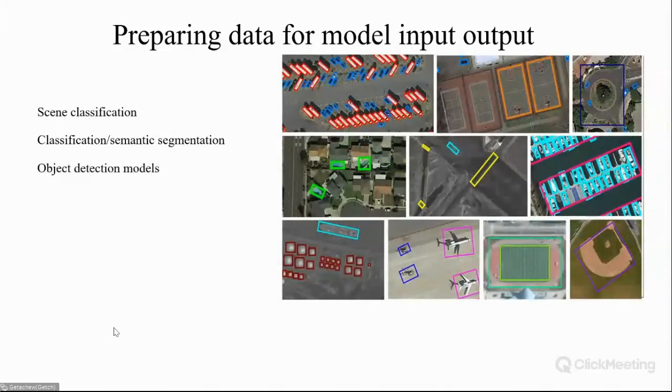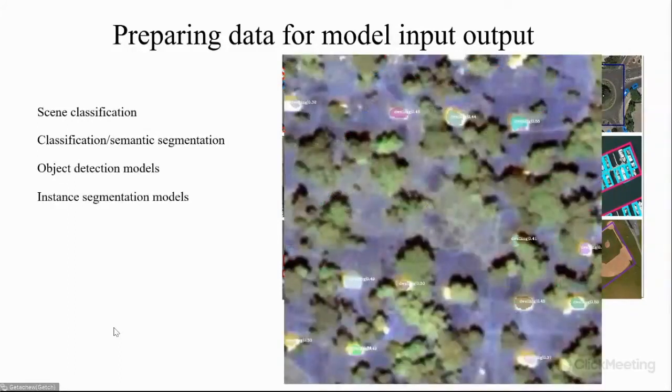If we are going to do any sort of object detection, that means we are detecting what kind of object it is and what its localization is, and this is completely different. And again, if we are going to work on instance segmentation, where each individual object will have its own instance, the input-output structure is completely different.